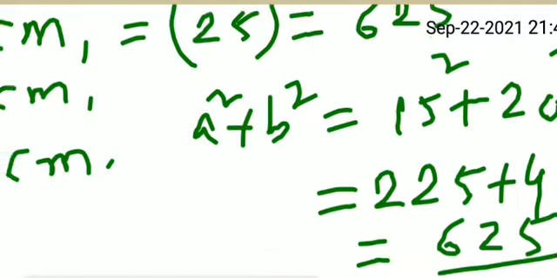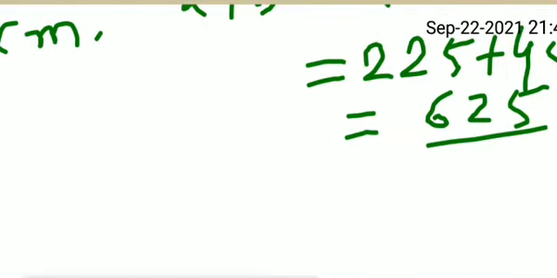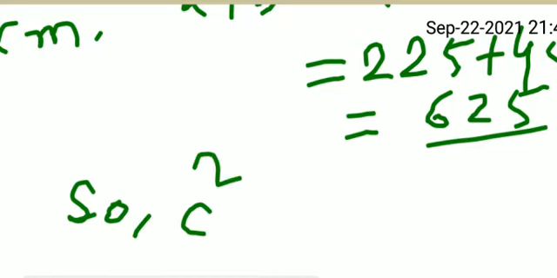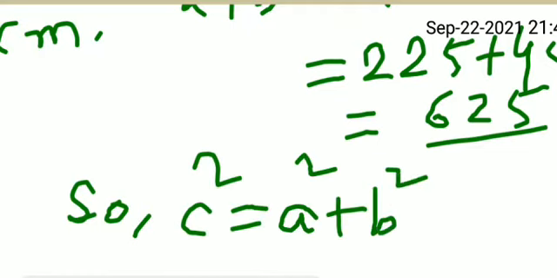So here c square is equal to a square plus b square, that means the triangle will be a right angle triangle.